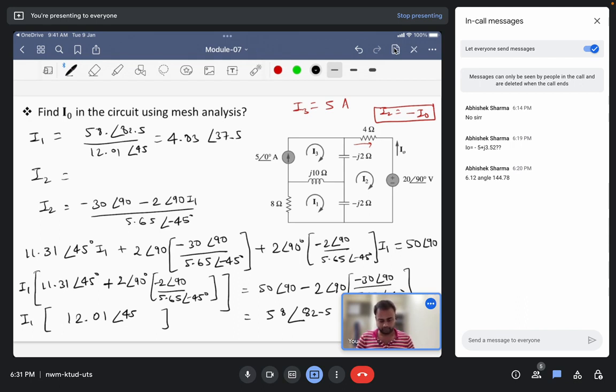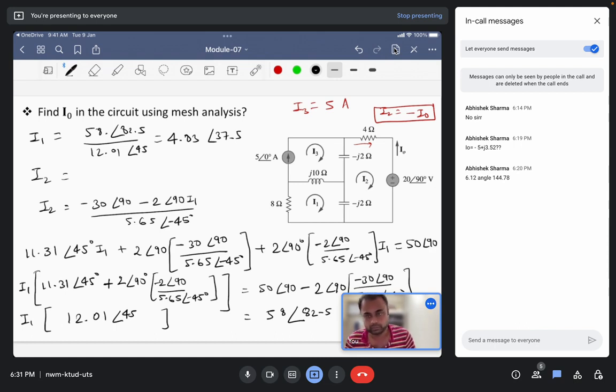So I2 will be 30 angle 90 degree plus twice angle is 90 degrees multiplied by I1 divided by 5.65 angle minus 45 degrees times minus 1.